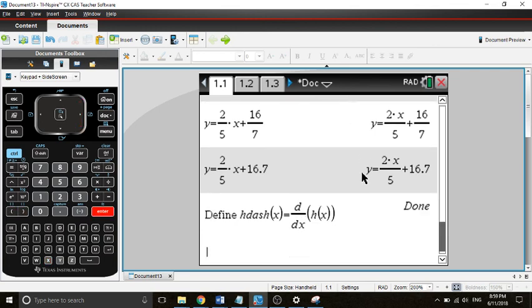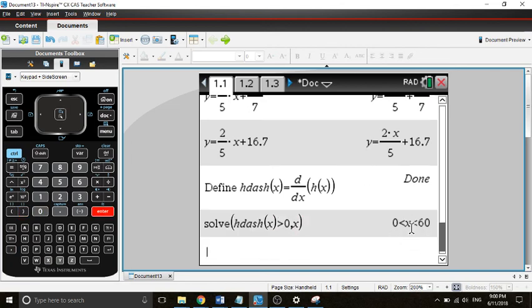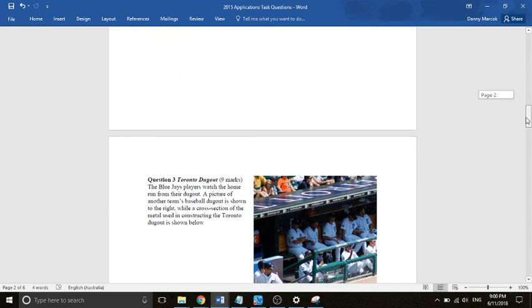Done. Now say solve h dash of x is greater than 0 for x, between 0 and 60. That's where it's positive. So once again, 1 mark, so we'd just be writing down that answer. And I think that's it for that question.